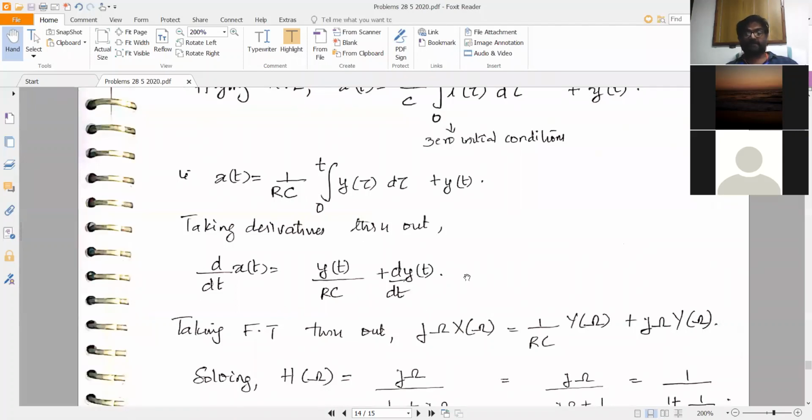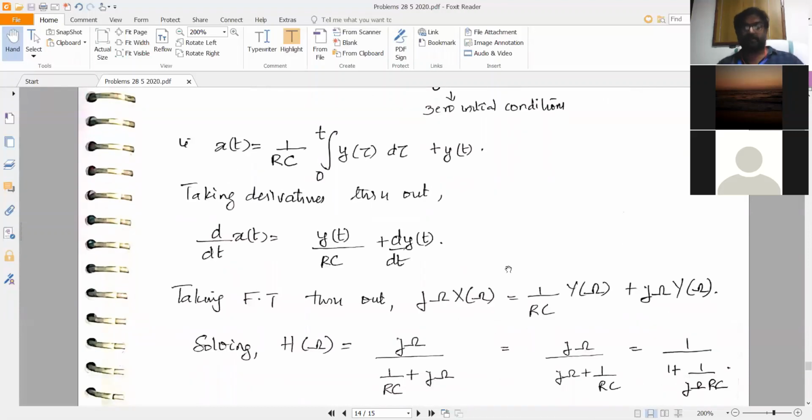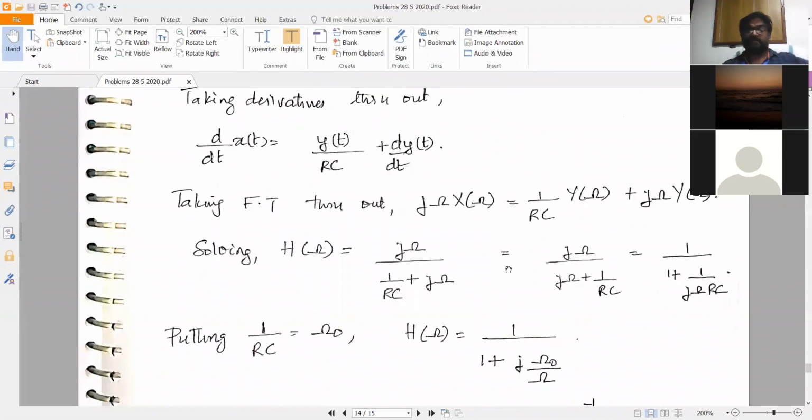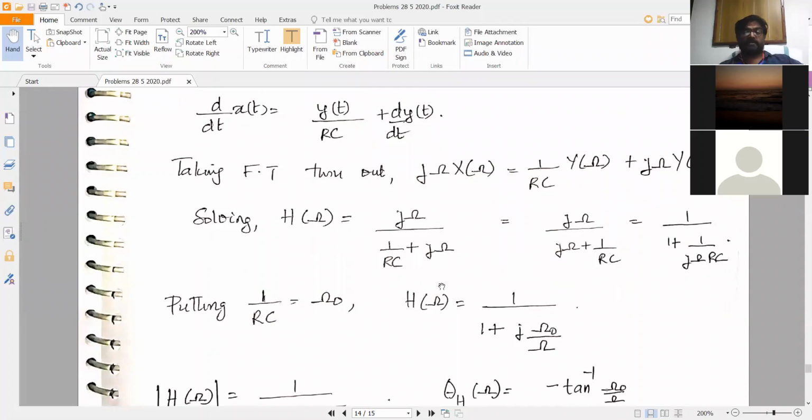So this becomes a first order differential equation. If you take the Fourier transform throughout, you can write j omega into X of omega is equal to 1 by RC into Y of omega plus j omega into Y of omega. Solving, you can write H of omega is equal to j omega by j omega plus 1 by RC. Divide throughout by j omega. So this becomes 1 by 1 plus 1 by j omega RC.